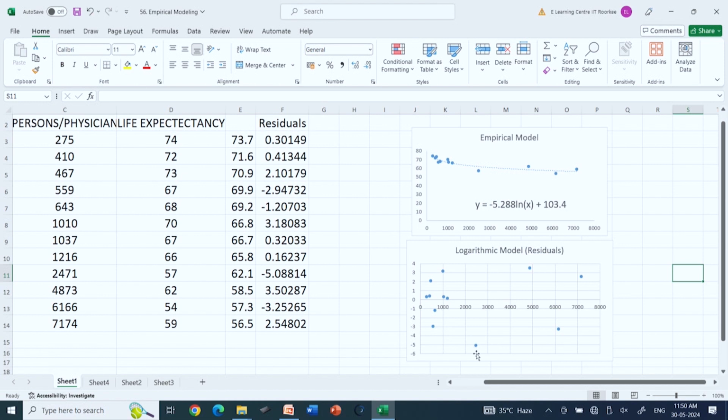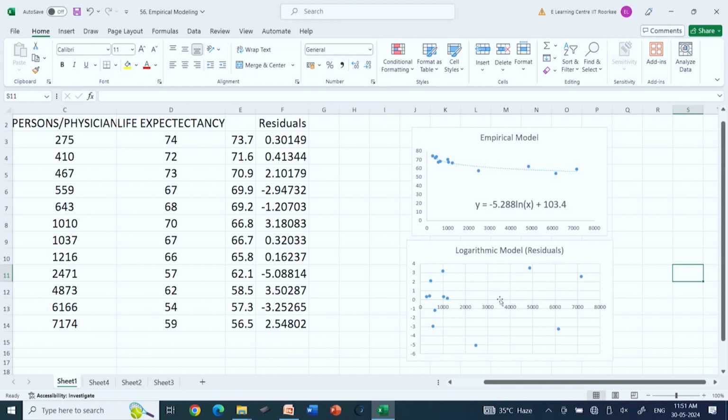So, 4 points up, 4 points down, and the rest 4, though they are above y equal to 0, are very close to y equal to 0. In fact, one of them almost touches y equal to 0. So, these variations are very, very small, and hence we say that this empirical model which is following this logarithmic model is a good fit or a good model.